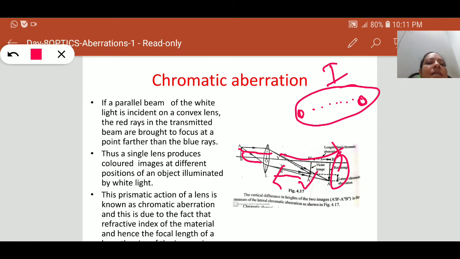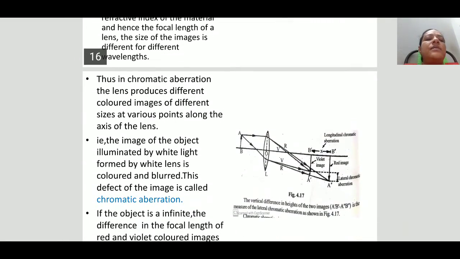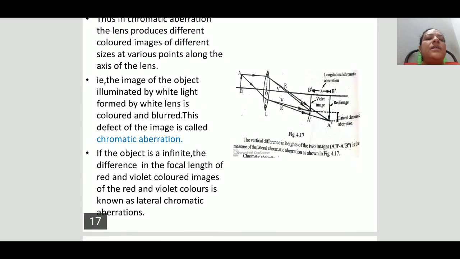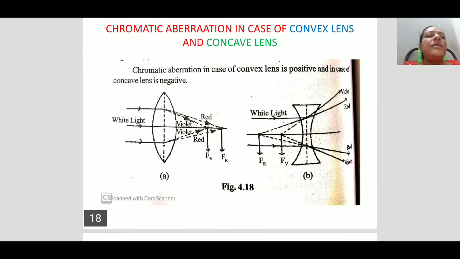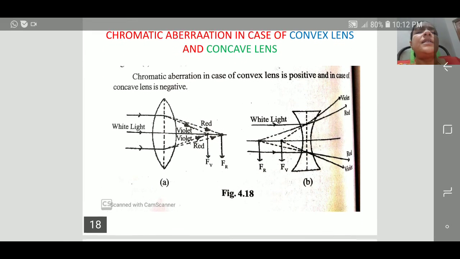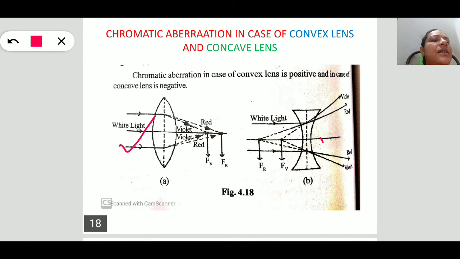Next, in the case of these two types of lenses, this is a convex lens and this is a concave lens. In the case of the convex lens, when white light comes from an object placed at infinite distance, the rays are considered to be parallel rays.